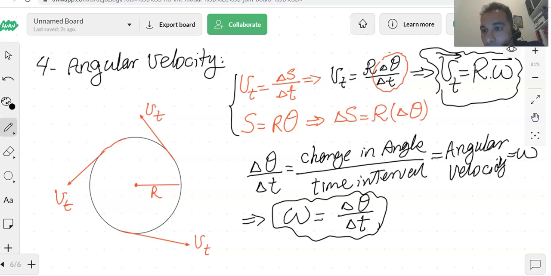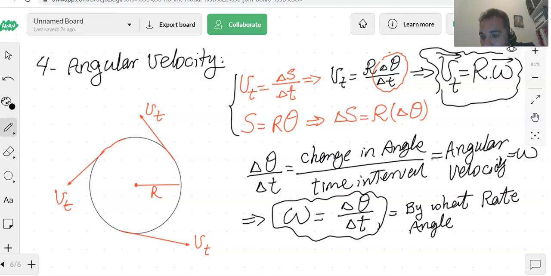Put the vector arrow on it because velocity is a vector quantity. Omega will be a vector quantity too. So what does omega mean? Pay attention to this definition: by what rate the angle at the center changes.